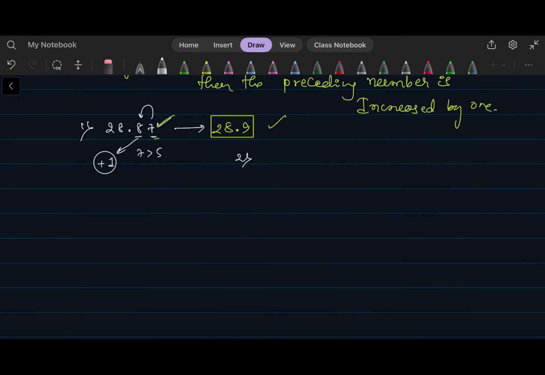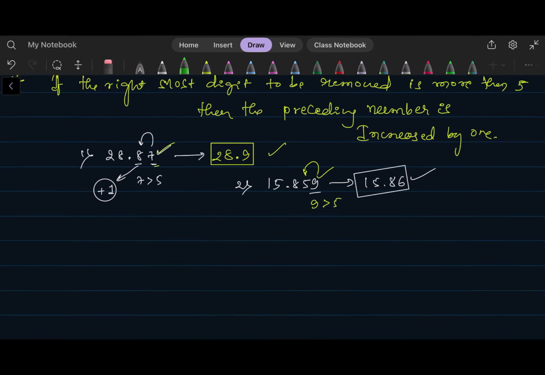For example, 15.859 is there. Now I want to remove the right side number, that is 9, the terminal number. Then rounding off will give 15.86. Why? Because the terminal number is greater than 5. Therefore, to the preceding number I have to add 1, that is 5 plus 1, it becomes 15.9. This is how we need to remember, and this is rule number 1.